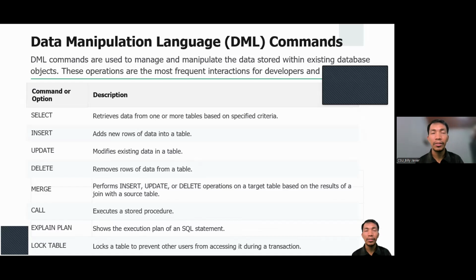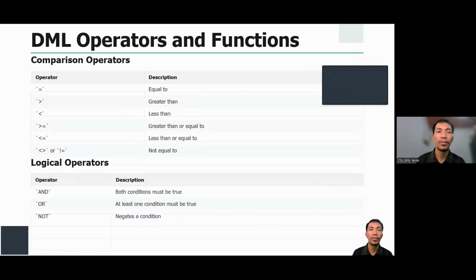These commands under DML are the core of how we manage the dynamic content of our database. Before I forget, you could actually make use of merge, call, explain plan, and lock table within the context of manipulating the data within our database tables.